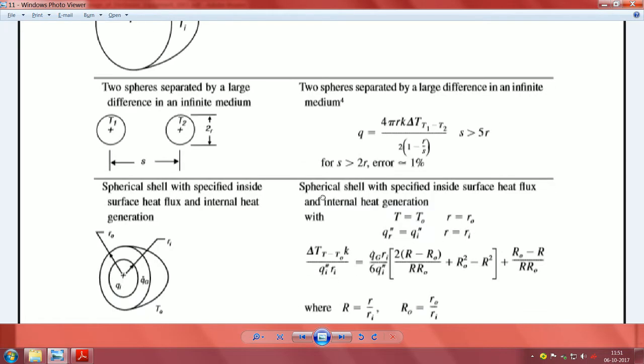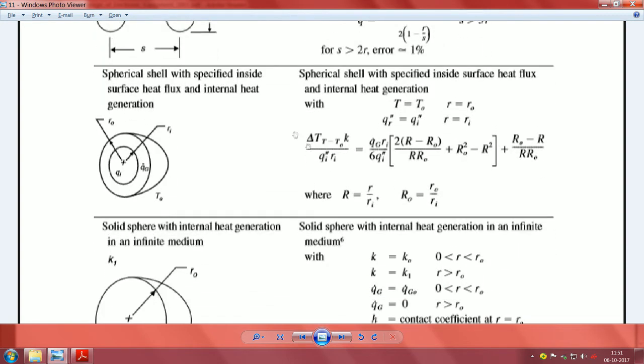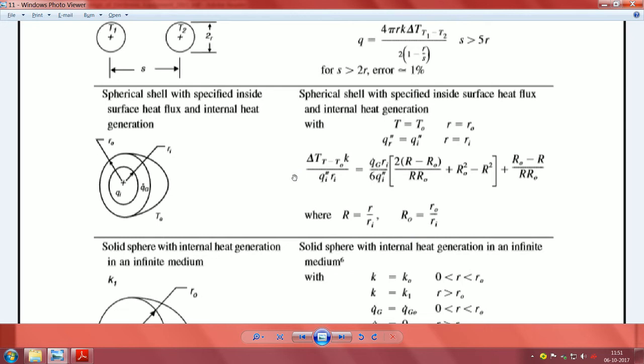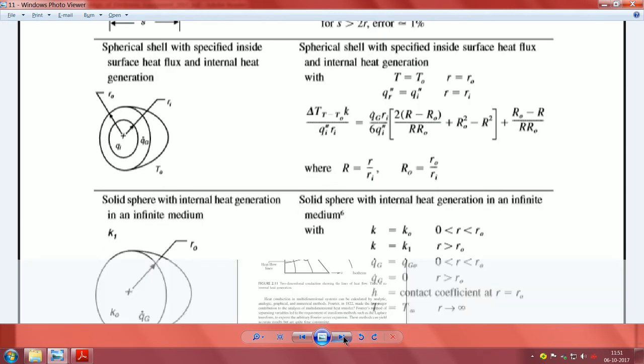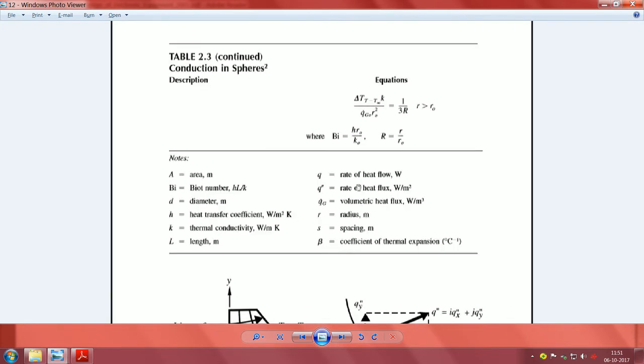So, all sorts of configurations specified with infinite medium, specified inside surface heat flux, internal heat generation, all these correlations have already been made, and all the parameters that have been used have been mentioned here.